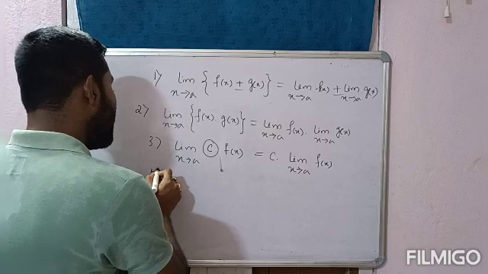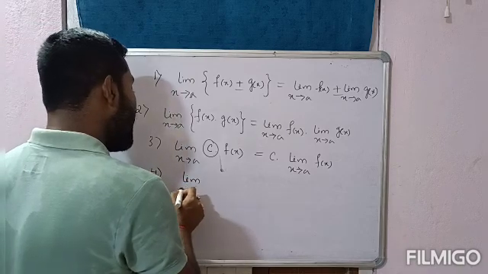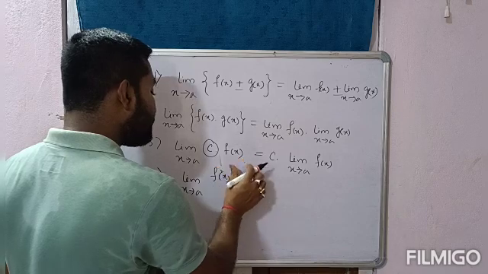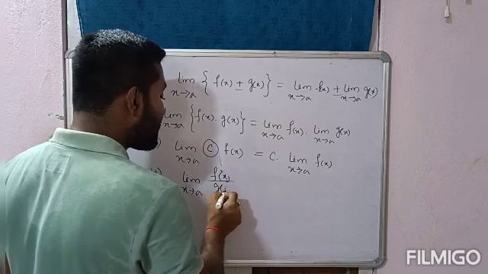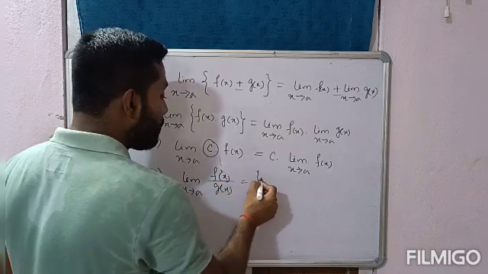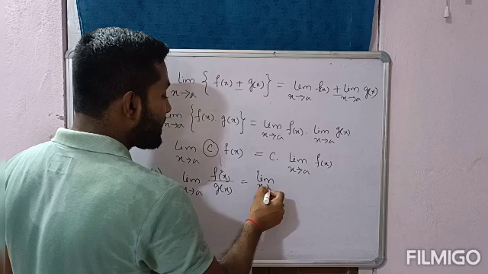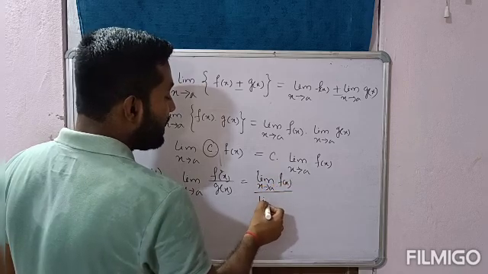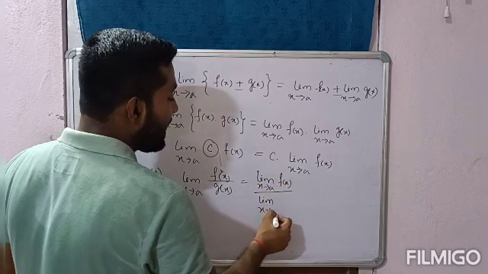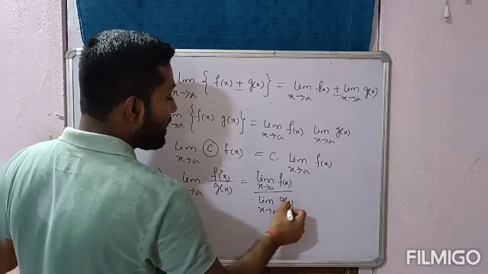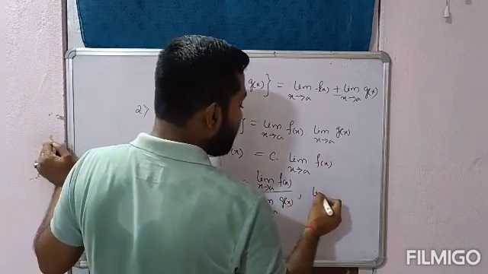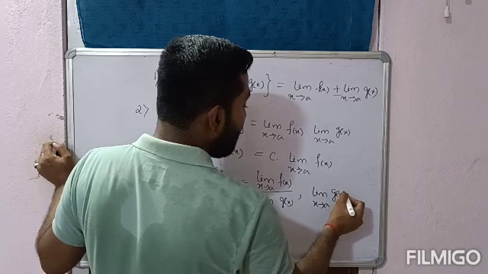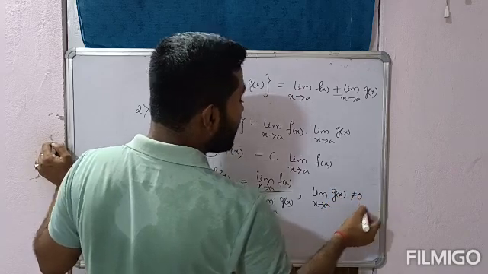राइट. Next one, limit x approaches a, f of x by g of x. This is equal to limit x approaches a, f of x divided by limit x approaches a, g of x, provided limit x approaches a, g of x is not equal to 0.